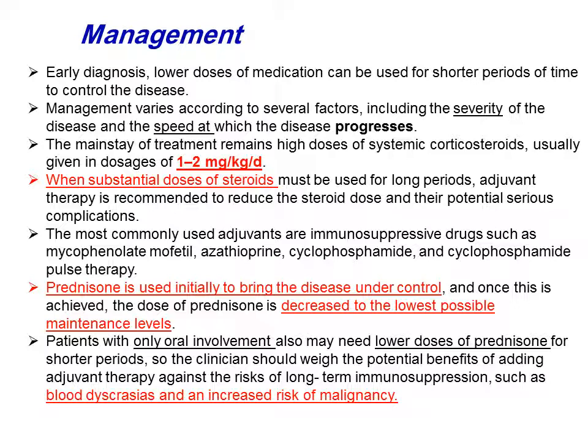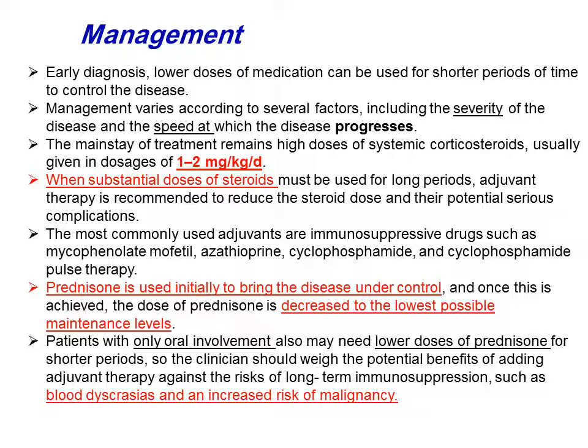Patients with only oral involvement may need lower doses of prednisolone for a shorter period of time, and the clinician should weigh the benefits of the doses of the medication, and the use of adjunct therapy, to reduce the risk of long-term immunosuppression from the steroid.